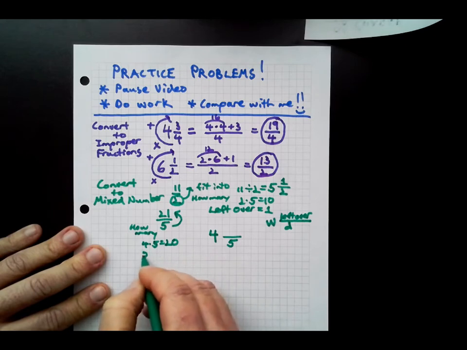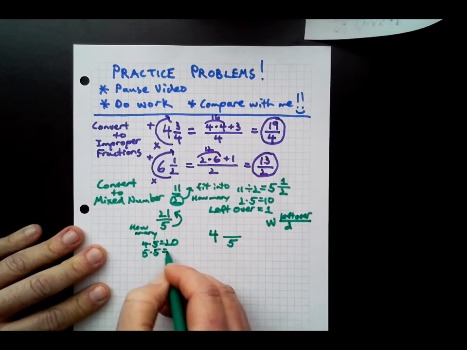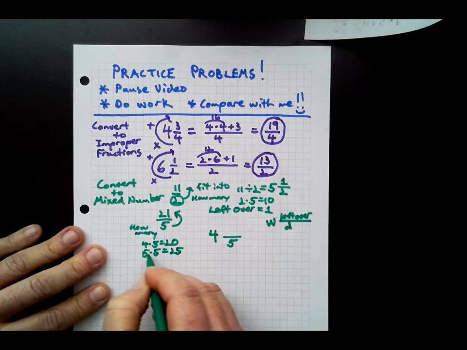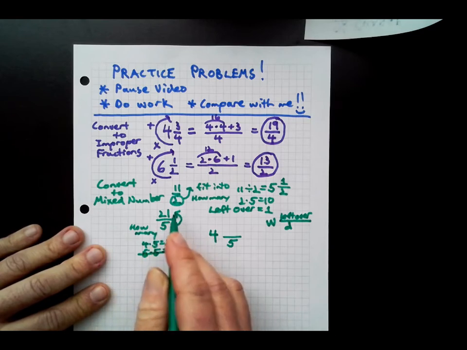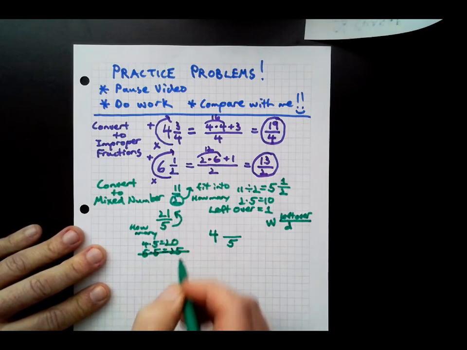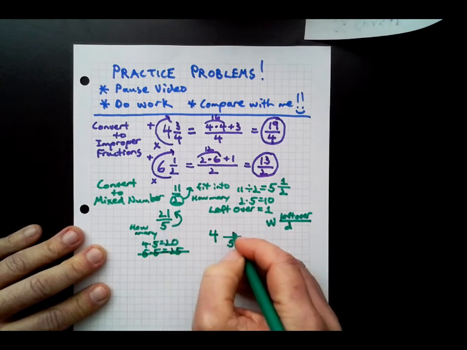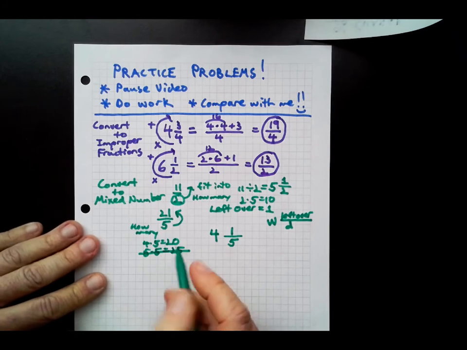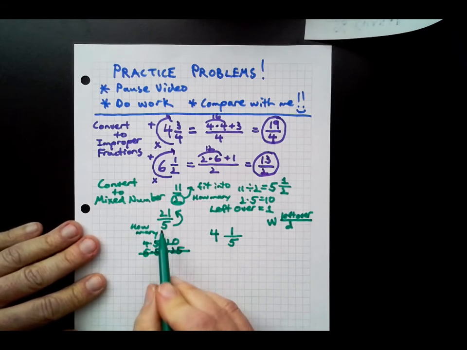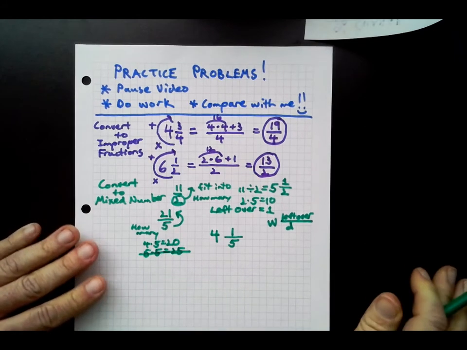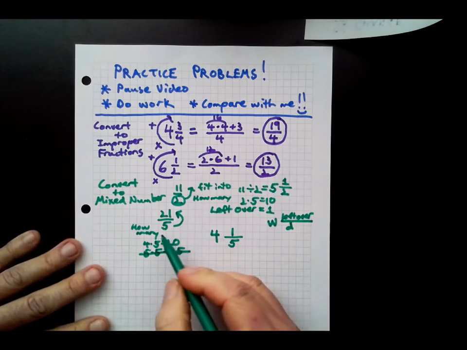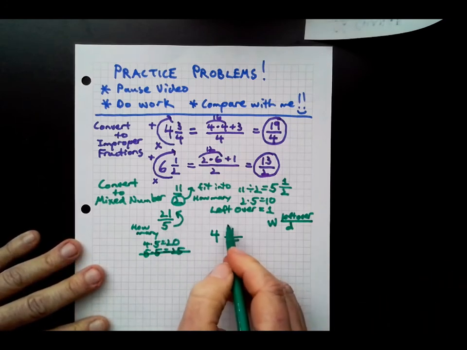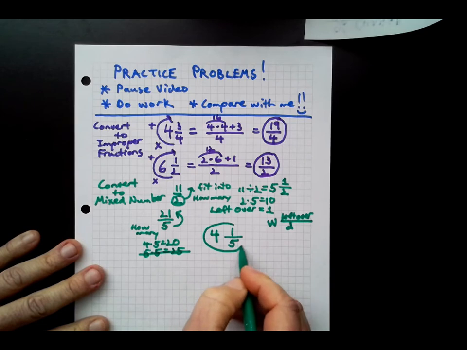But I would go over if I thought 5 of them fit there, because they don't. That's too much. So 4 5's go there, with how many left over to get to 21? 1. So do the division. How many whole numbers, how many denominators fit into the numerator? And then whatever's left over is the numerator of the mixed number.